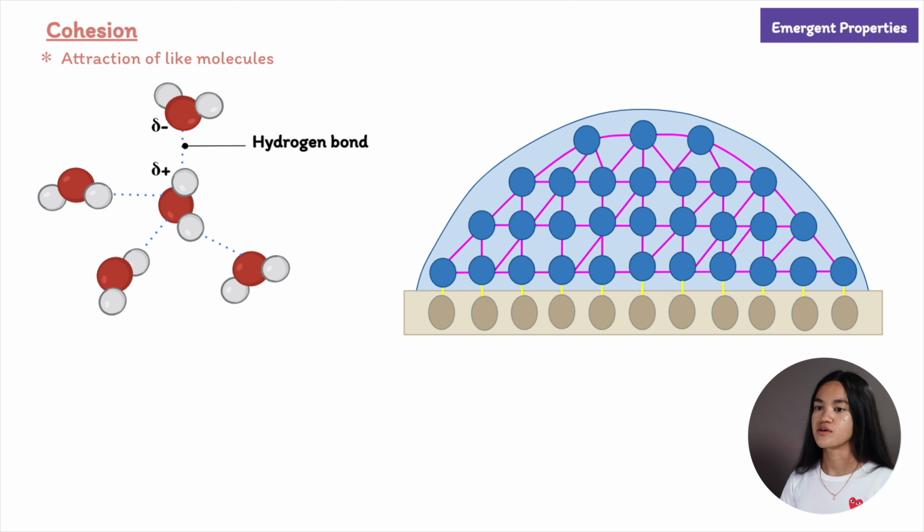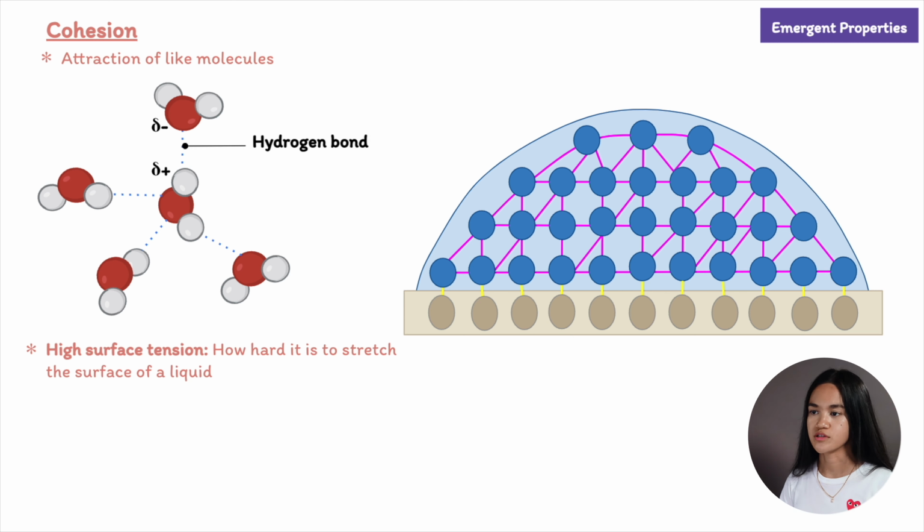And it's cohesion that results in high surface tension, which is a measure of how hard it is to break or stretch the surface of a liquid. It's the tendency of a liquid surface to break or resist breakage when placed under tension.